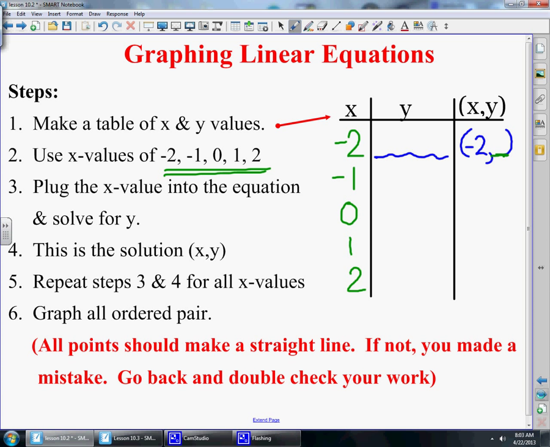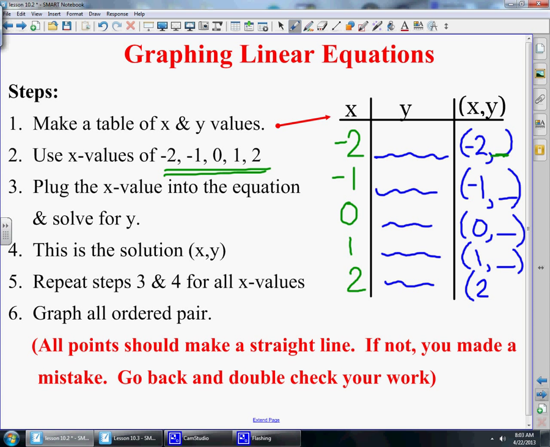So then you're going to do the same thing for -1, and you would show your work, and then you're going to end up with your answer -1, and then something for y, and then you'd show your work here, and you'd have 0, and you'd show your work here, 1, and then whatever you end up with for y, and you'd show your work here to whatever you end up with for y.